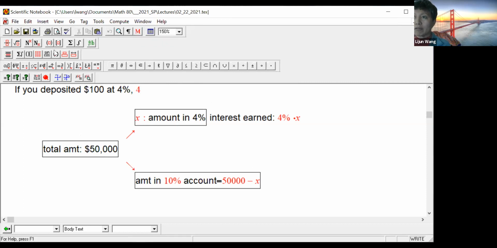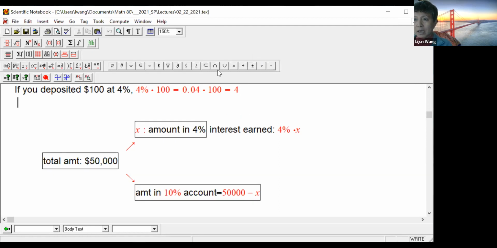The bank will take 4%, multiply by 100. And 4% is 0.04, and they multiply by 100. So in the end, you have $4. Do you see that?